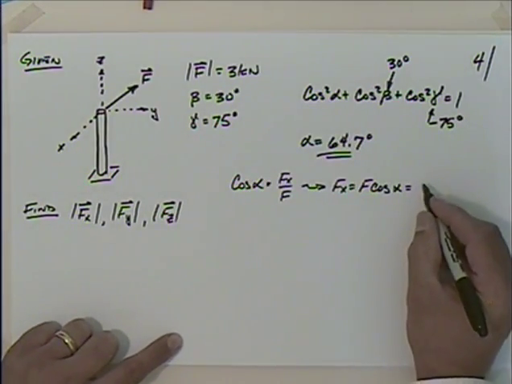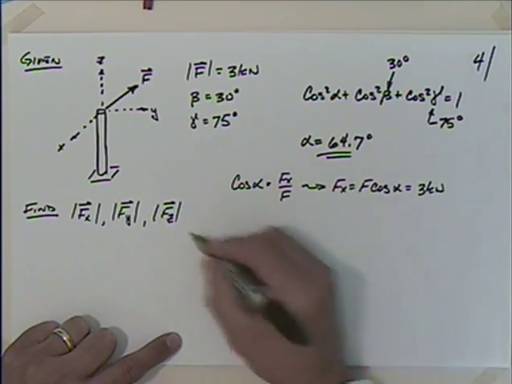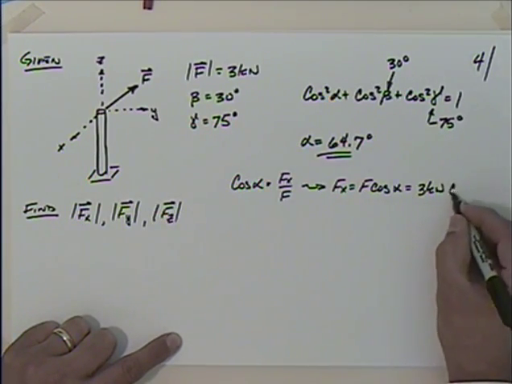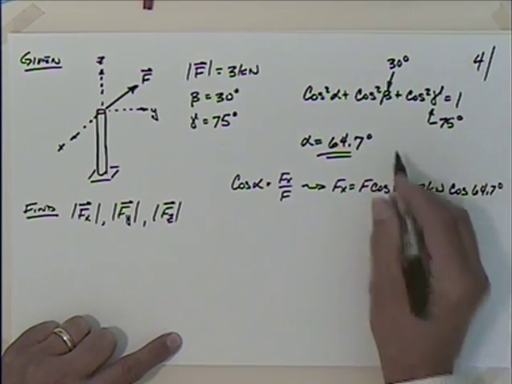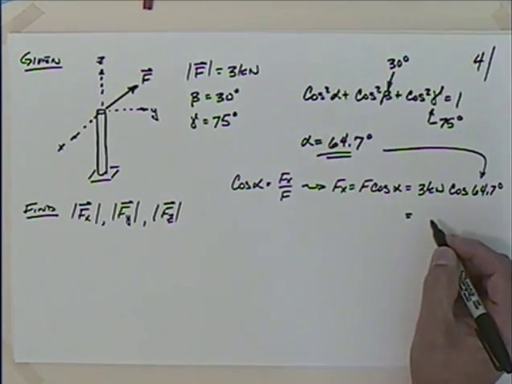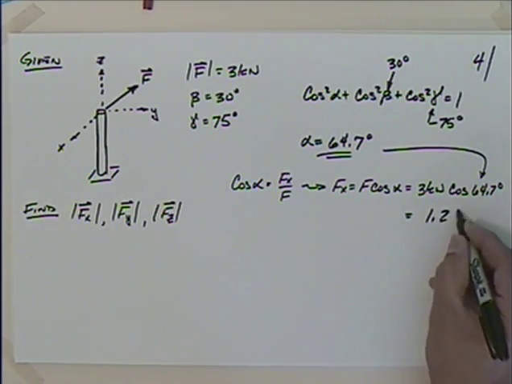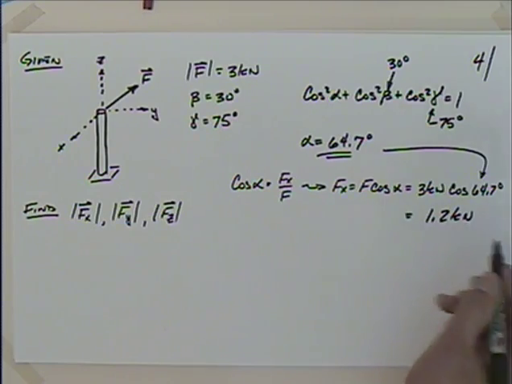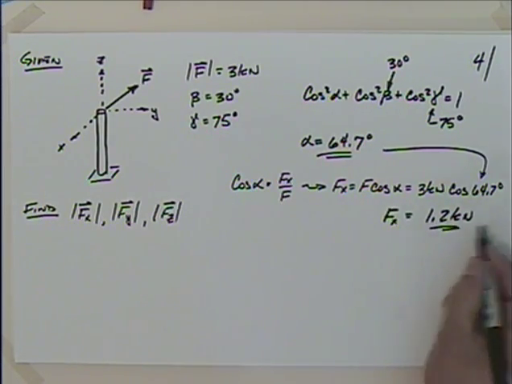Yeah, we have F, 3 kilonewtons, times the cosine of alpha, cosine of what we found there. I'm glad we found that. 64.7 degrees. We put that right in there, and that turns out to be 3 kilonewtons times cosine 64.7, 1.2 kilonewtons. So that's the magnitude of the x component.